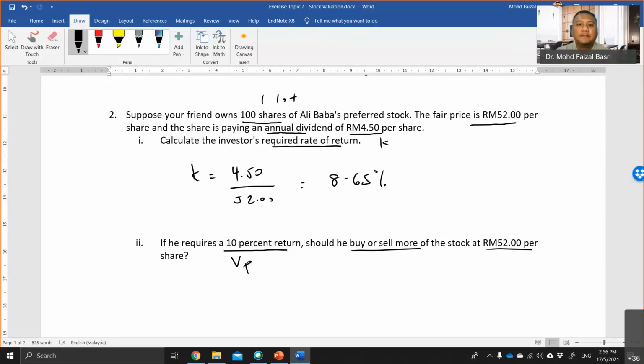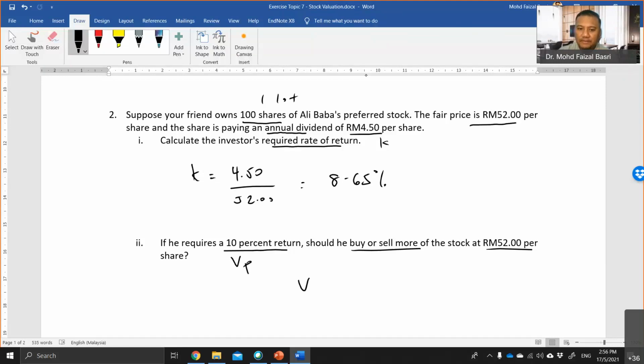Okay, this is the required rate of return. So if you require 10% return, should he buy or sell more? Should he buy more or sell the stock? Because he has already owned one lot here.